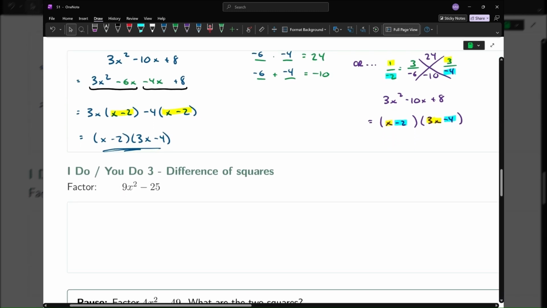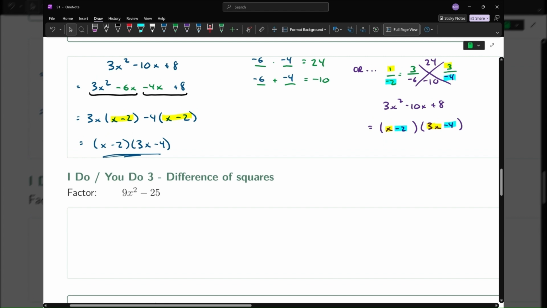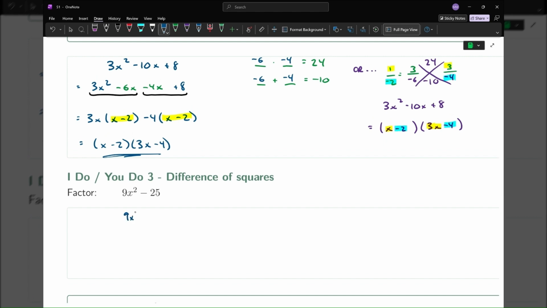Okay, last question, little pattern. Difference of squares. So 9x squared minus 25. What I'm thinking on this one is if I have a difference of squares, which is something squared minus something squared, a squared minus b squared, it's going to factor into a plus b times a minus b.